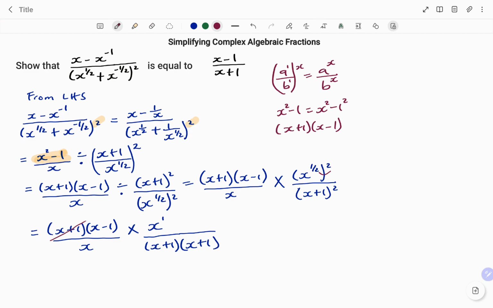So I have x plus 1 here cancelling x plus 1, because x plus 1 divided by x plus 1 will give me 1. Then I have x divided by 1 also cancelling. Then I'm left with, at the top, x minus 1 divided by, at the bottom, x plus 1.